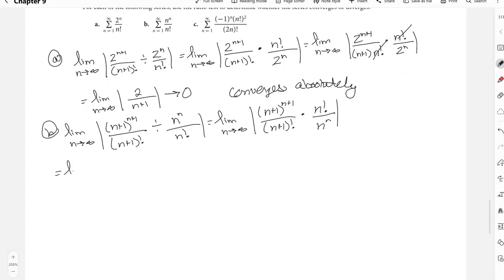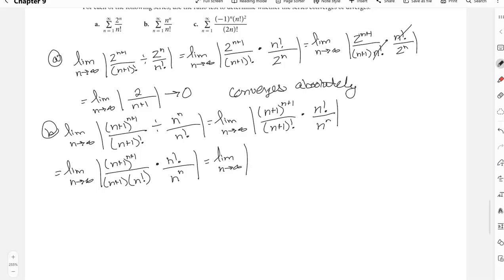And then I'm going to rewrite those factorials. So I'm going to have n plus 1 to the n plus 1 over n plus 1 times n factorial, times n factorial over n to the n. We're going to see some things cancel.